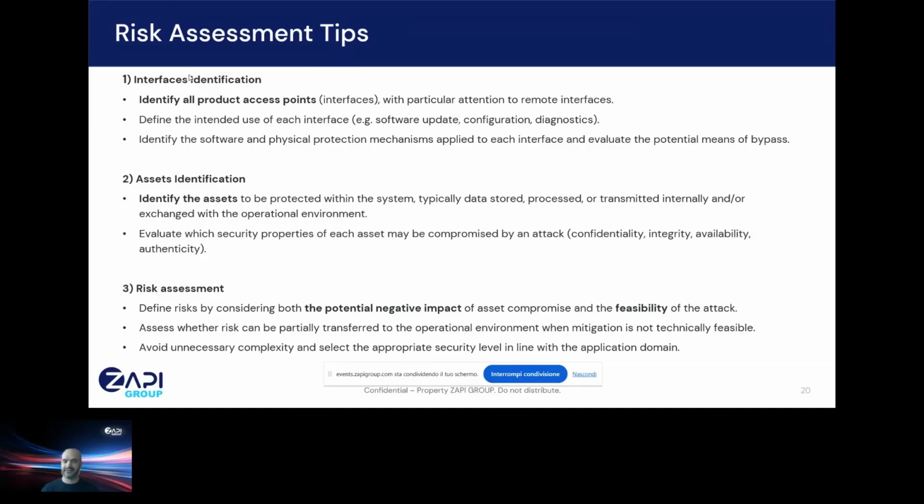Once the interfaces and assets are identified, the last step is to proceed with the risk assessment.